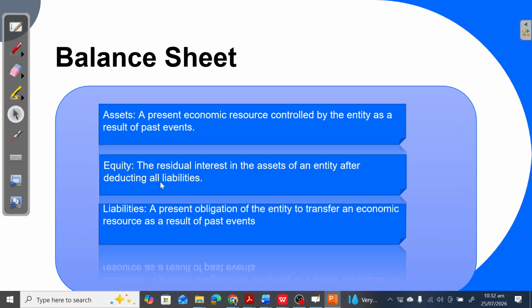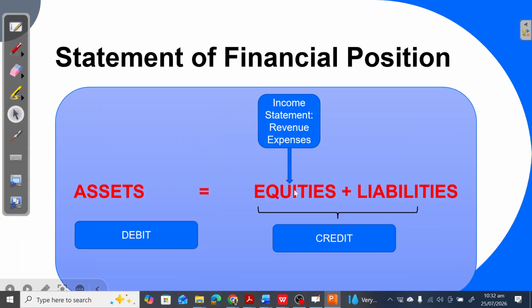So this equation is very important, and that is where double entry is coming from. The basis of accounting is the double entry. You should know your debits and your credits: which items are debited, which items are credited.